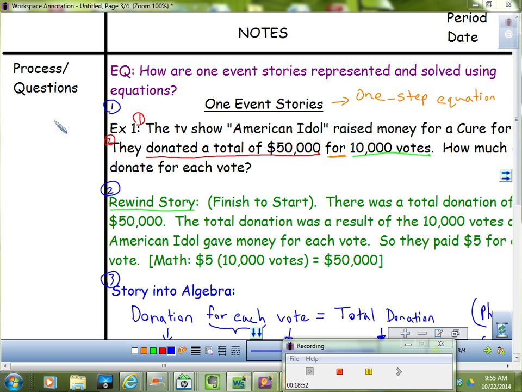And so what you'll do, you'll tell us the process. For chunk number 1, what did we do for this first chunk?